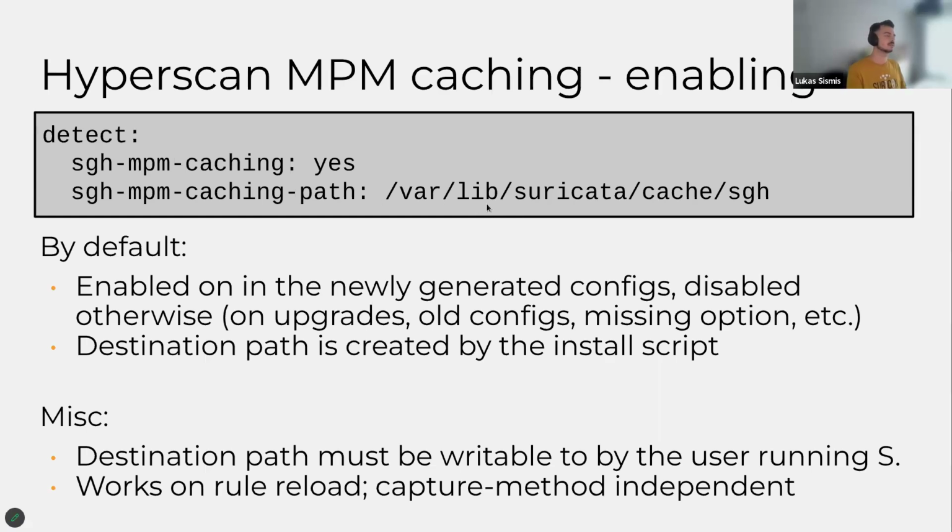In this case the prefix was /var, so it will store into /var/lib/suricata/cache/sgh. This feature is enabled by default if you just take the Suricata 8 config or compile Suricata from scratch. But if you just upgrade, then unless you add these two fields, it will be disabled.